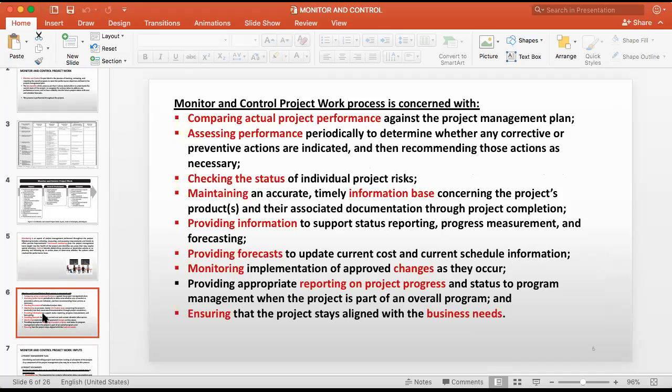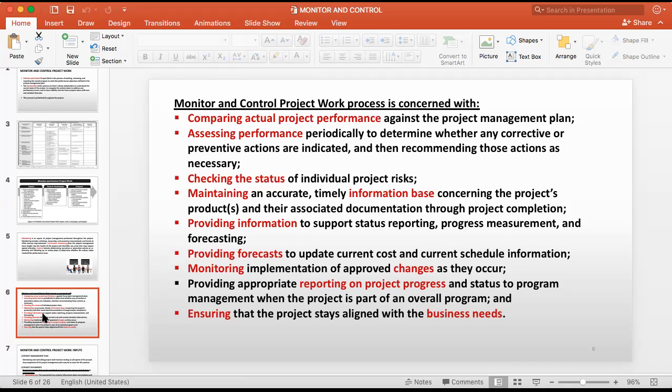The monitoring and control project work process is concerned with comparing actual project performance against the project management plan, and that is what we discussed. Assessing performance periodically to determine whether any corrective or preventive actions are indicated, and then recommending those actions as necessary. That is the assessing performance.